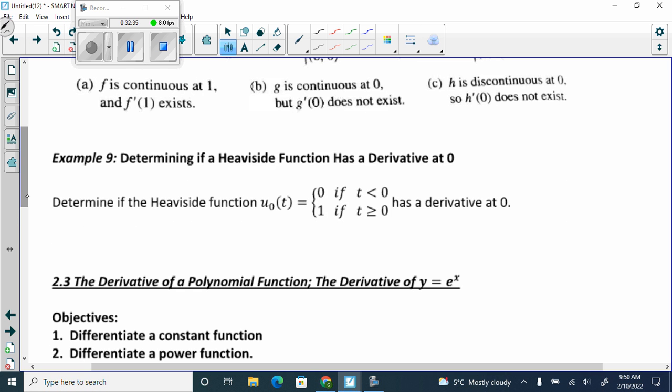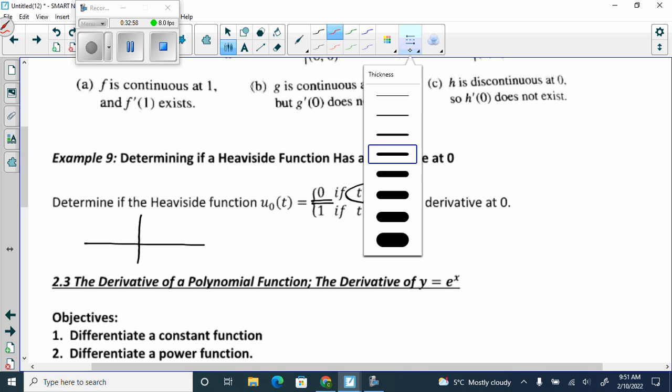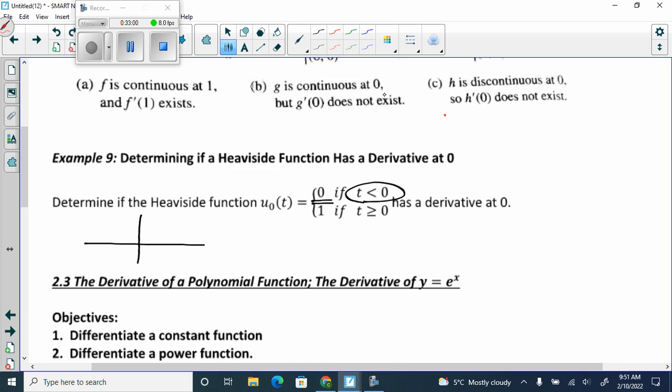And then here I just want to show you the Heaviside function, it's just what it's called. Does it have a derivative at x equals 0? If you go to draw this one, it doesn't actually exist. So they want you to determine if it has a derivative. Well, let's check it out. This one on the left of 0 has a line at y equals 0. I'm going to use a different color. It's not equal to, open dot, just through the left-hand side, correct?